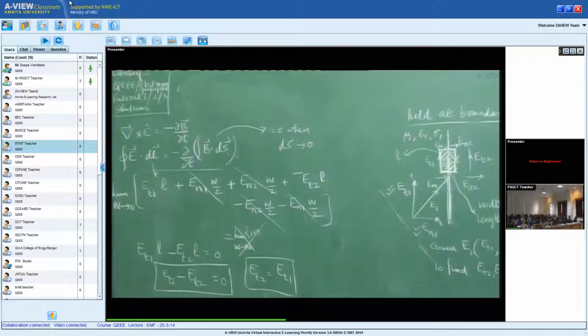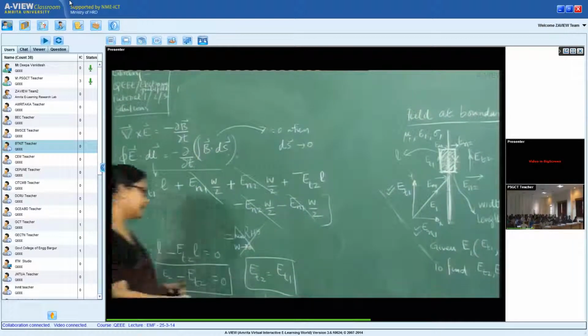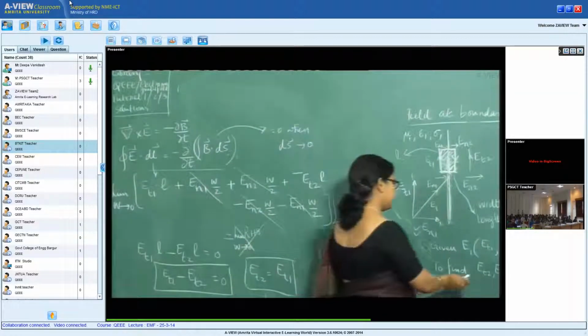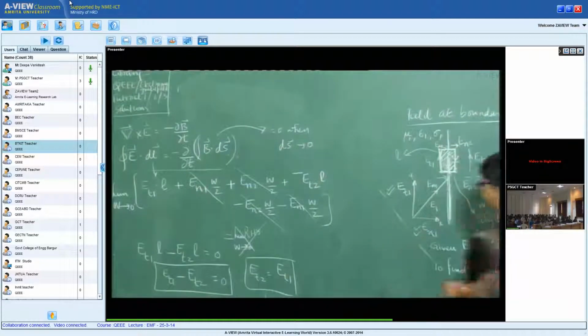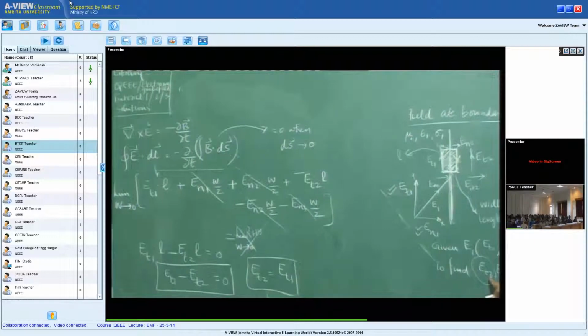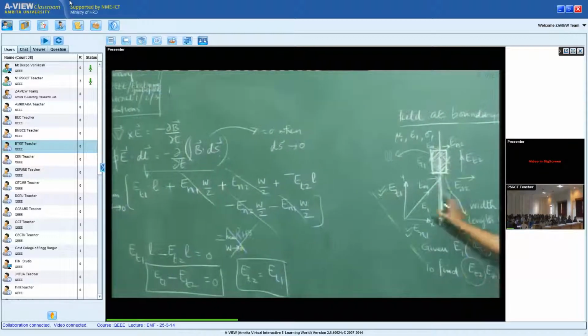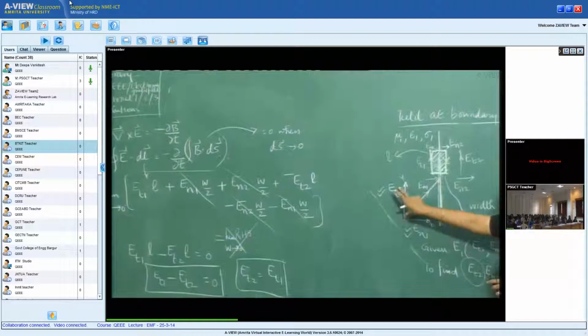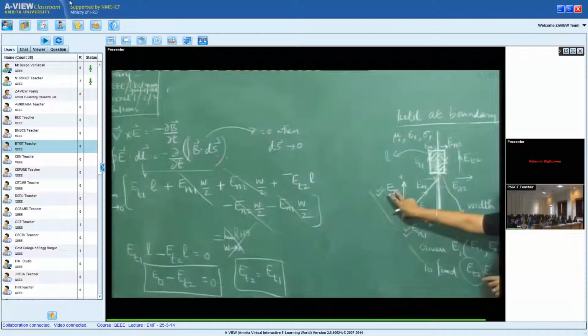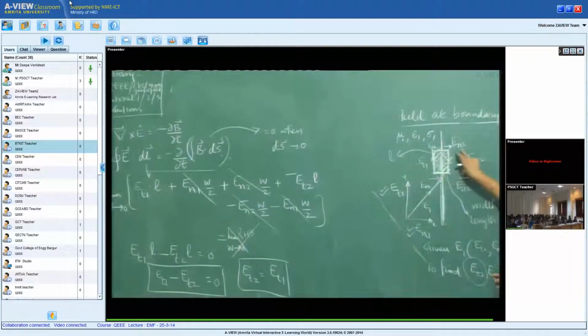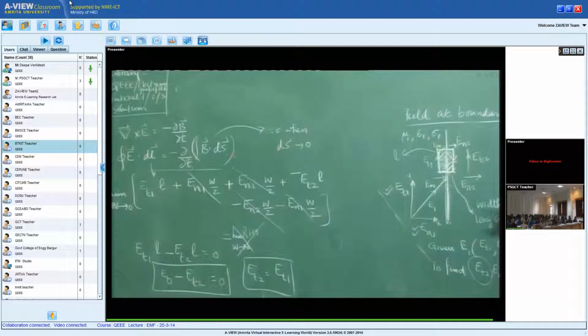The tangential component on the right side is the same as the tangential component on the left side. That is one result. I got the answer for tangential component. Which means if I had an electric field, if there was a particular value for tangential component, that is going to be the same on the other side.